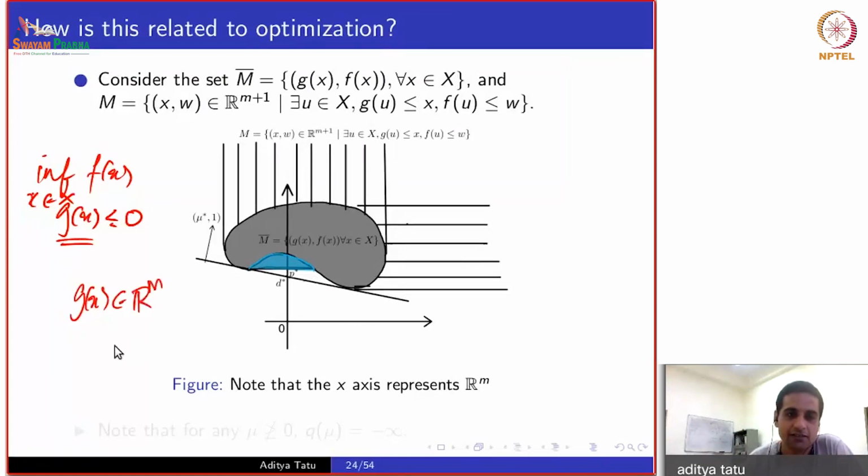So these m numbers are going to be geometrically represented on the x-axis, whereas the objective function is just one number that I'm going to represent as the y-coordinate in the picture. Then let us take M bar, the set of all tuples (g(x), f(x)) for all feasible points.